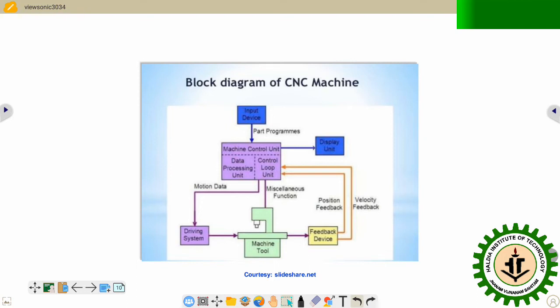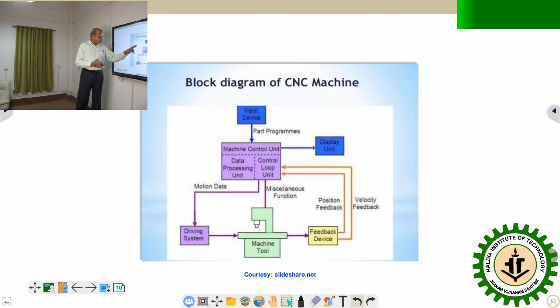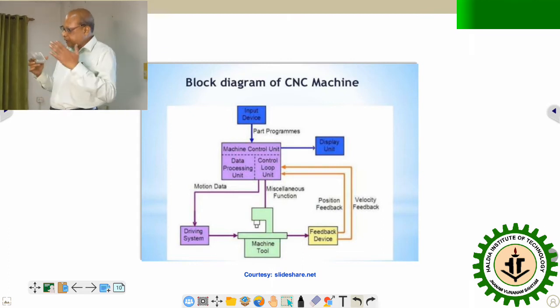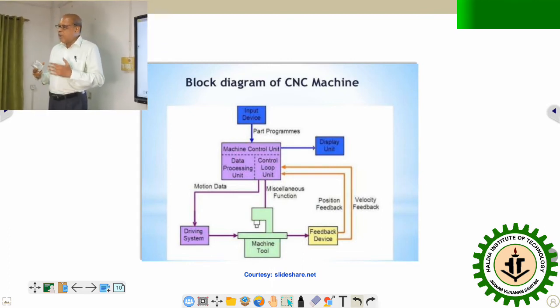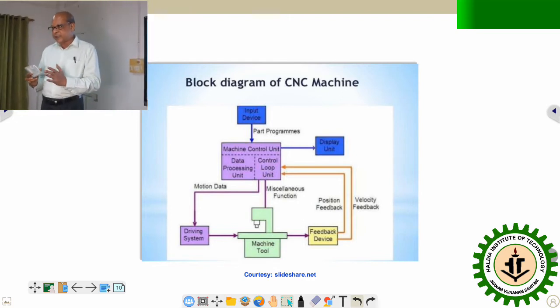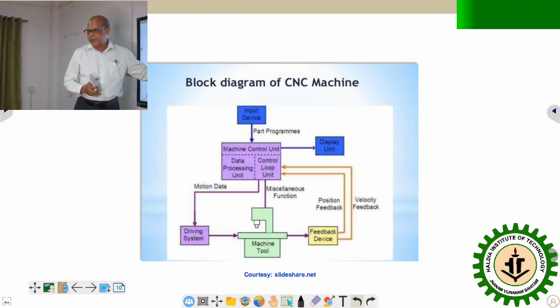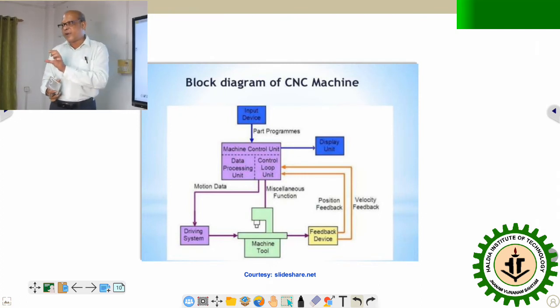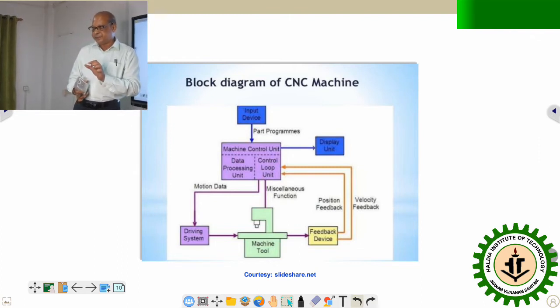The left hand side shows the data processing unit, popularly identified by its acronym DPU, and the right hand side is the control loop unit, called CLU. The data processing unit is responsible for extraction of data and undertaking different calculations, particularly the interpolation algorithm, and sends commands or instructions to the control loop unit for implementation in the hardware. This continues until the entire command execution is completed.